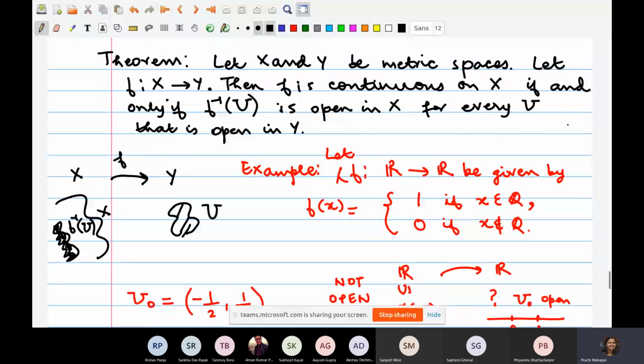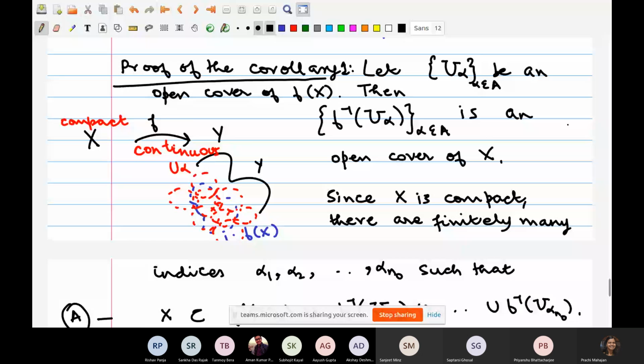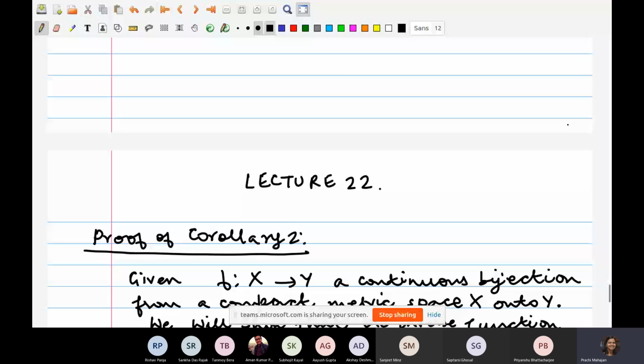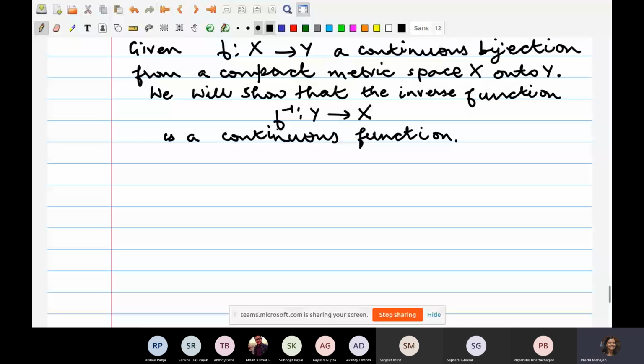So the first thing that I'm going to note is the following. I'm going to start with an open subset of X here. I make the following claim: in order to show that the inverse function is continuous, it suffices to show that, so let me write it in this manner.